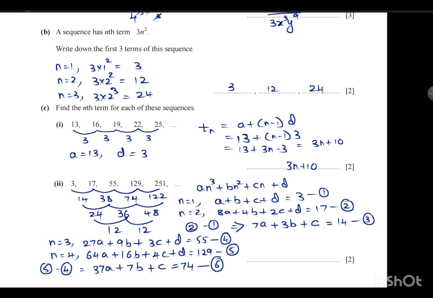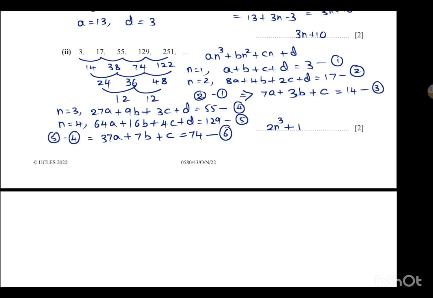Now if I take these two equations and remove c from them, I have to do that because I need to find out the values of a, b and c, right? Now we have got two equations where you have a, b and c as variables.